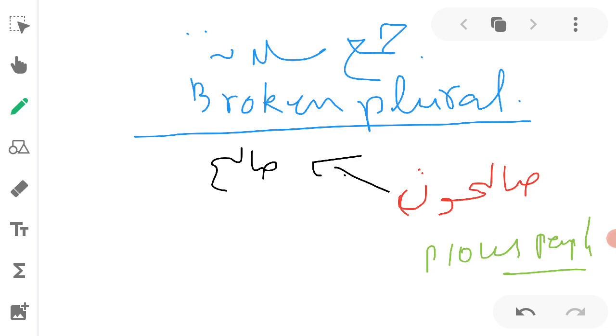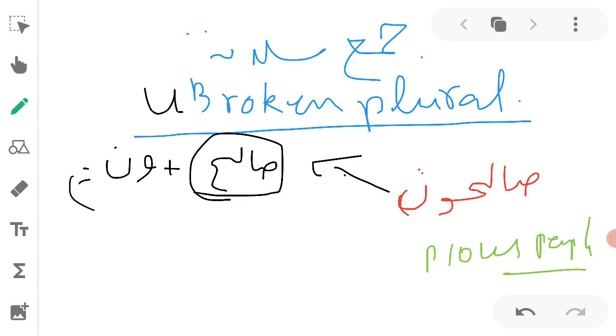Unbroken means that the constitution of the singular is not broken here. See how we got the plural: we just added waw and noon to it. We didn't touch it otherwise, so it became salihun. So we didn't break the singular in order to make the plural. That's why it is unbroken plural.